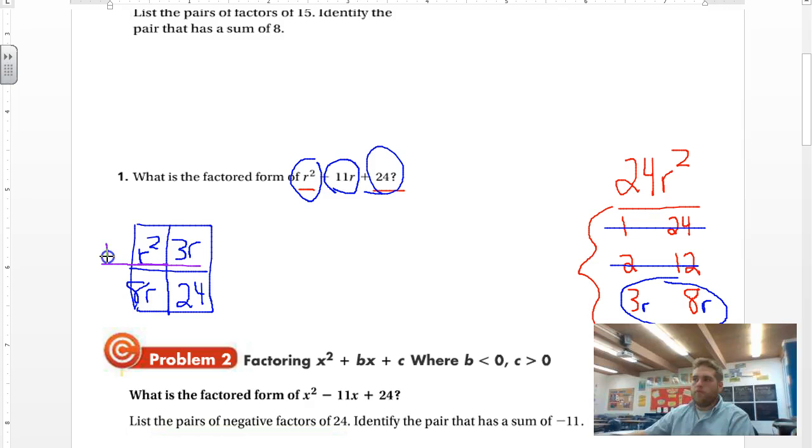Well, they both have an r, right? So now, what number times r is going to give me r squared? Well, that's going to be another r. So r and r are going to both meet here. What number times r is 3r? Well, that's going to be a 3. What number times r is 8r? Well, that's an 8. Is 3 times 8 24?